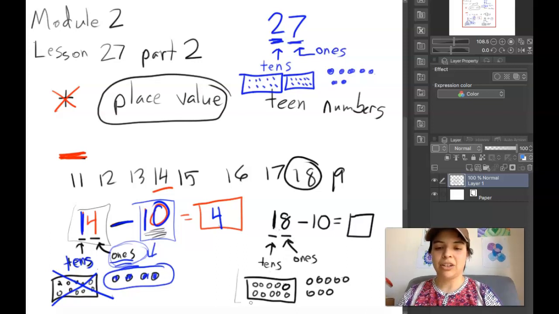Then if you look down here at my drawing, this is 18. It's 10, 11, 12, 13, 14, 15, 16, 17, 18. All right? Now, remember, we are focusing on subtraction. Okie dokie.